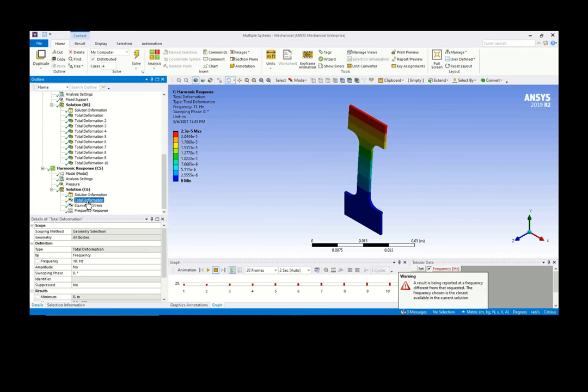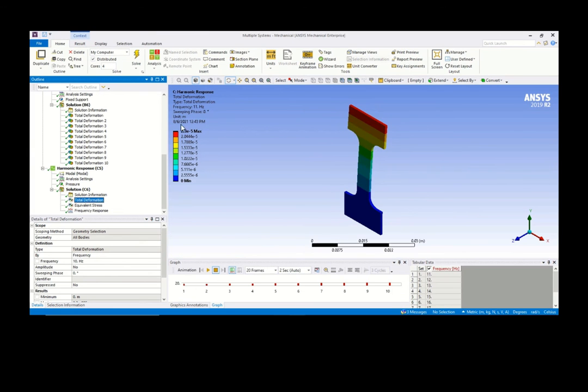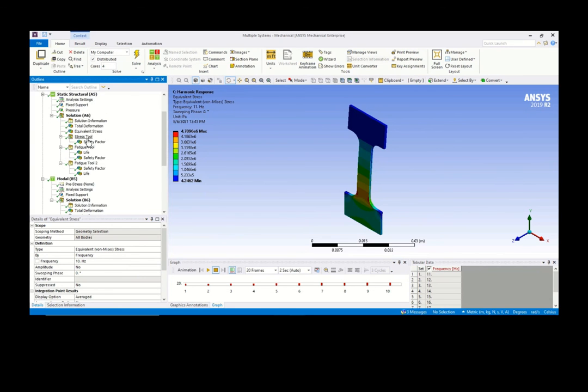So if you look at 10 hertz, I'm putting in 11 hertz. At this 11 hertz, the stress is only 4.71. So it's not so much different between this 4.71 and your statics, because the effect of frequency is very far away, as the first natural frequency is at 300.